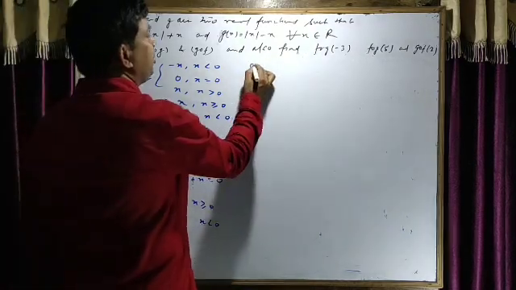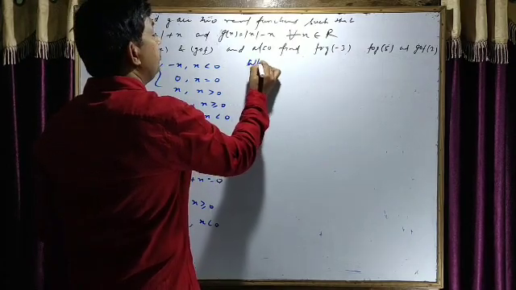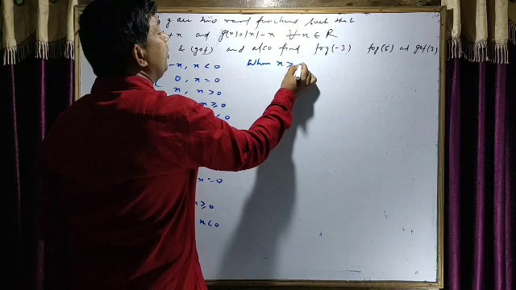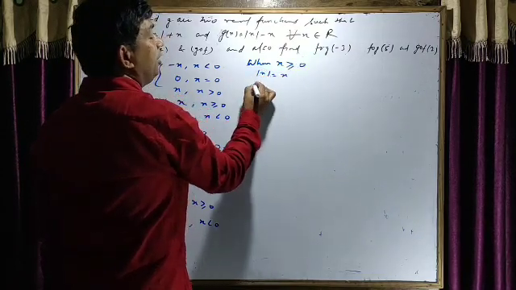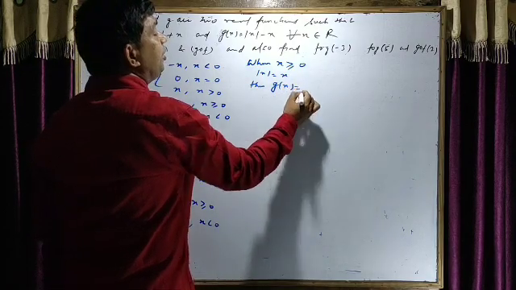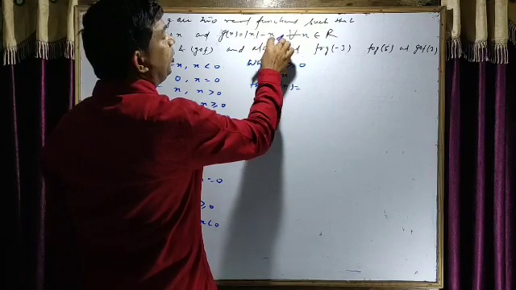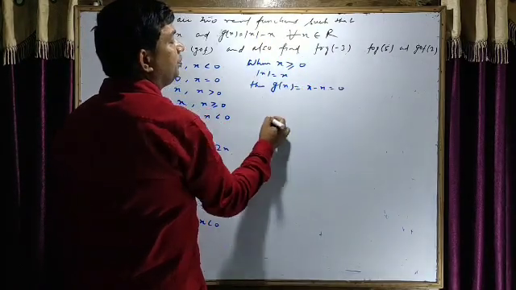Now what about g of x? When x is greater than or equal to 0, mod x is plus x, so g of x is mod x minus x, and x minus x gives 0.